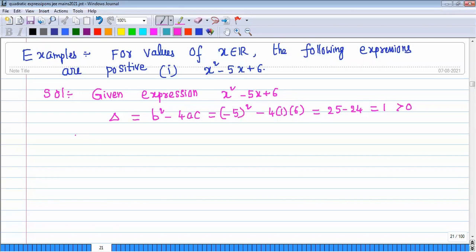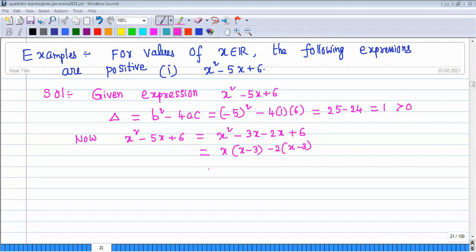So x square minus 5x plus 6 can be written as x square minus 3x minus 2x plus 6. Take x common, we have x minus 3. Take minus 2 common, we have x minus 3.